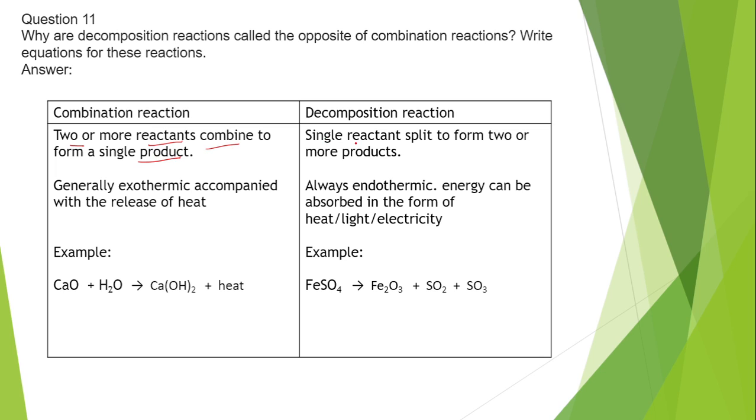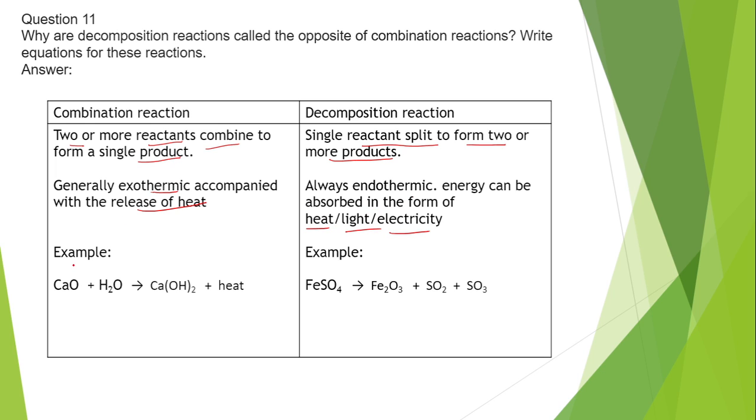Whereas in decomposition reaction, we already learnt about that, a single reactant will split to form 2 or more products. Now in combination reaction, generally the heat is released. Whereas in a decomposition reaction, it is endothermic. That means energy is absorbed either in the form of heat, light or electricity.